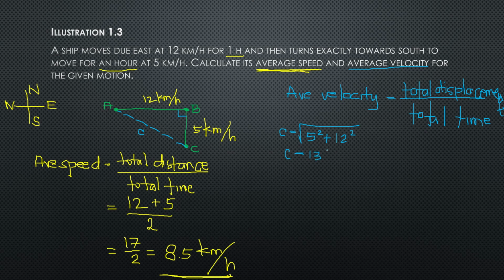So displacement is 13 kilometers. So average velocity now will be equal to 13 kilometers all over time. Total time is similar as 2 hours. So that is all over 2.